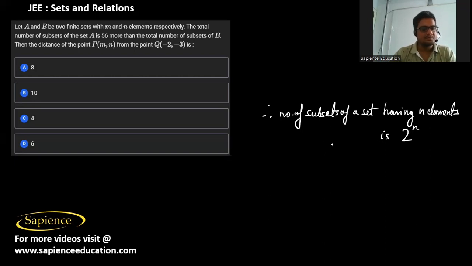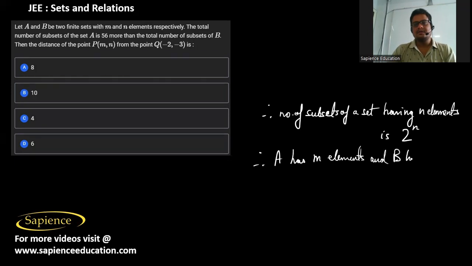Therefore the set A has m elements and set B has n elements. It is told the total number of subsets of set A is 56 more than the total number of subsets of B. So it means 2 power m, the number of subsets of A, minus 2 power n, the number of subsets of B, is equal to 56.